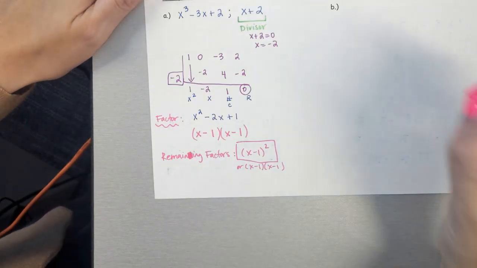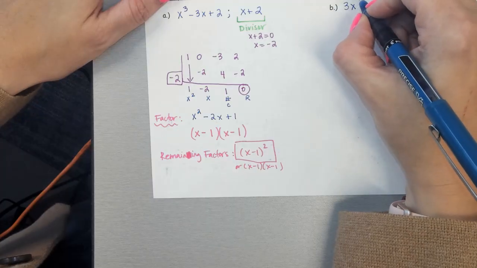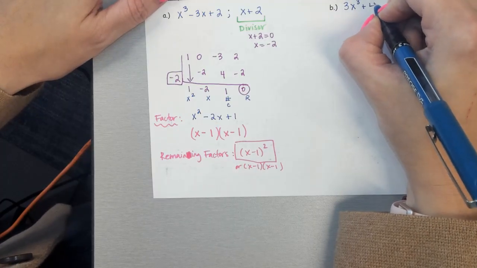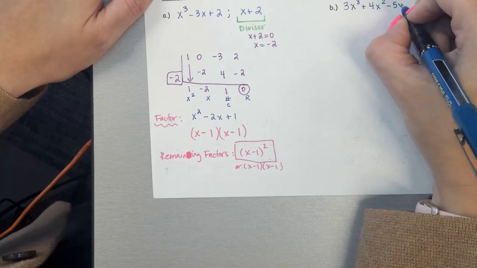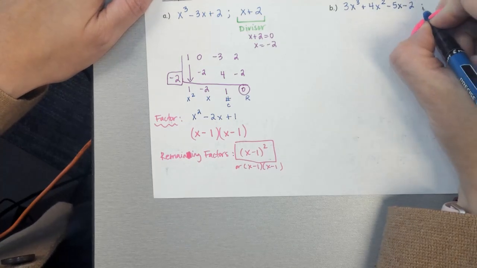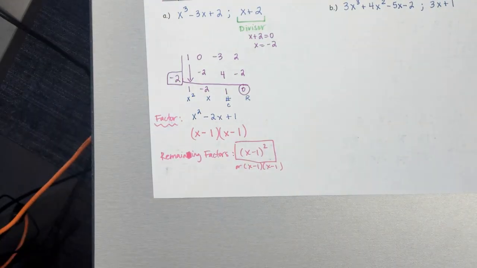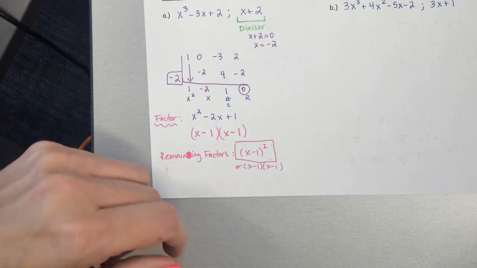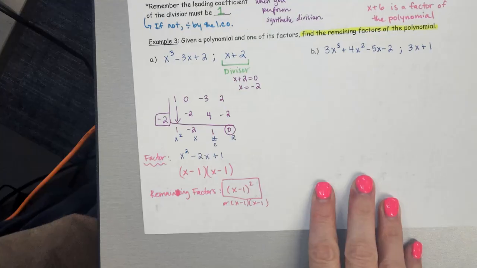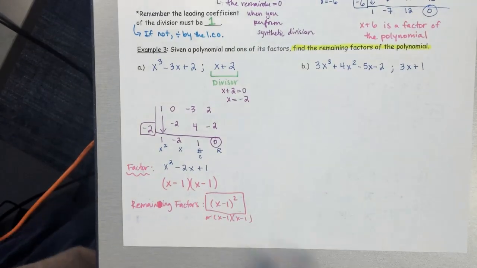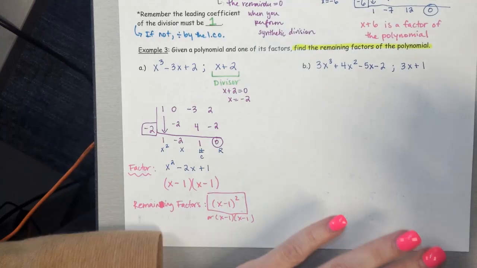Based on that, let's try B. We have 3x cubed plus 4x squared minus 5x minus 2, and then 3x plus 1. Remember, whatever your divisor is, the leading coefficient has to be 1.